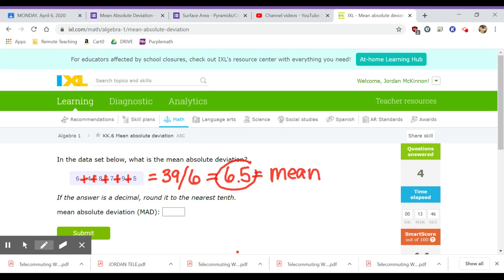So my second step is to figure out how far away each of these data values are from the mean. So 6 is 0.5 away from 6.5. 6.5 minus 4 is going to be 2.5. Let me erase these and try to write these a little bit smaller.